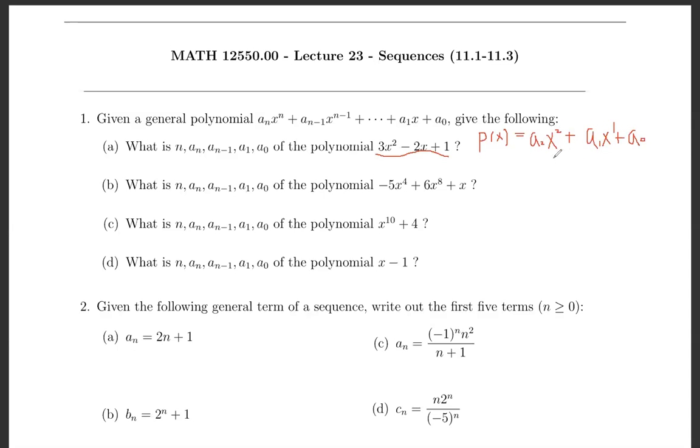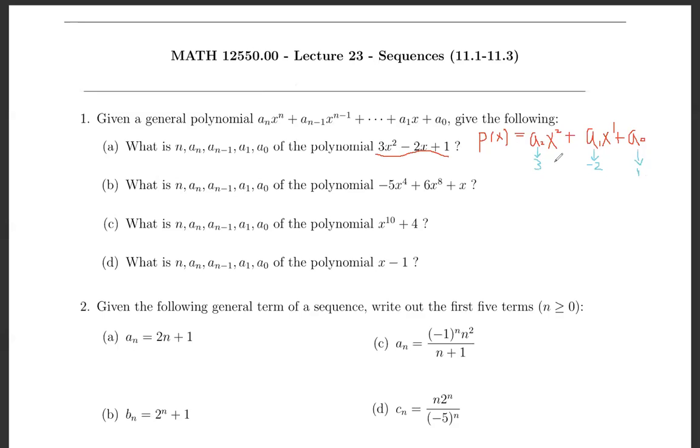So in this case, A2 here would be 3. A1 here is minus 2. And A0 here would be 1.